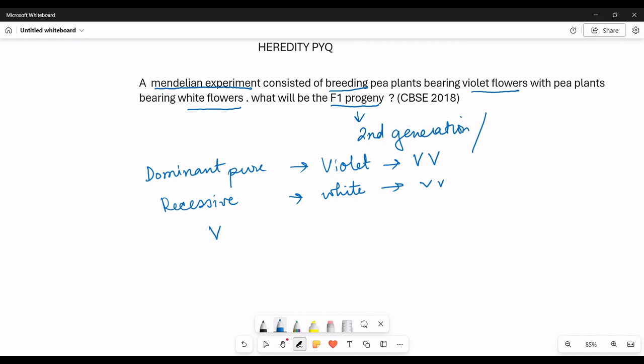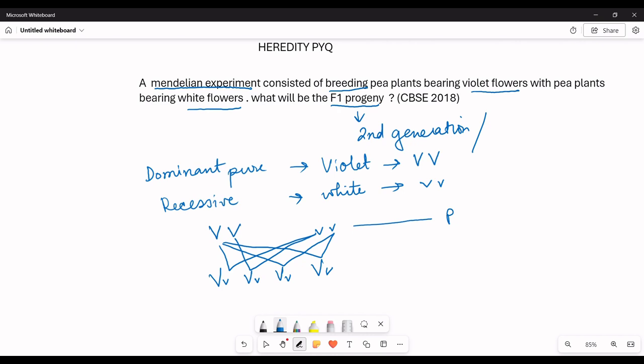Now if we cross them, this is the parental generation, P1. If we cross them, it becomes capital V small v, capital V small v, capital V small v, capital V small v.